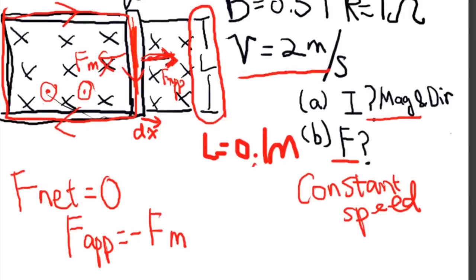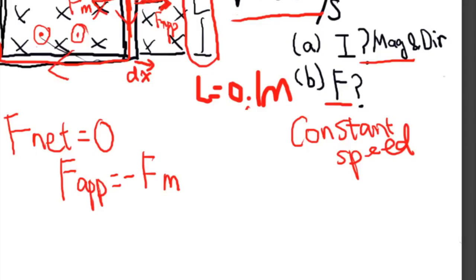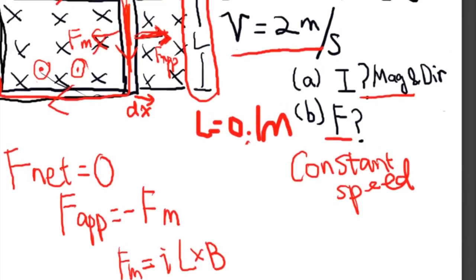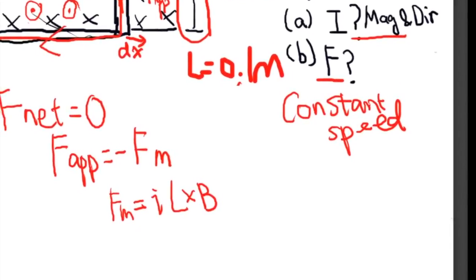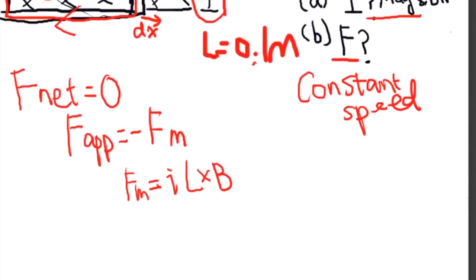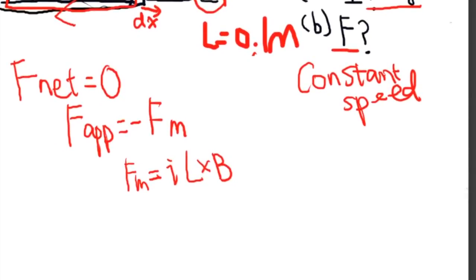Okay, let's think about how we calculate this force. The magnetic force, as we recall, can be calculated by F magnetic equals I times L cross B. In this case, since L and B are perpendicular to each other, we can ignore the cross sign. And then we plug in the values.